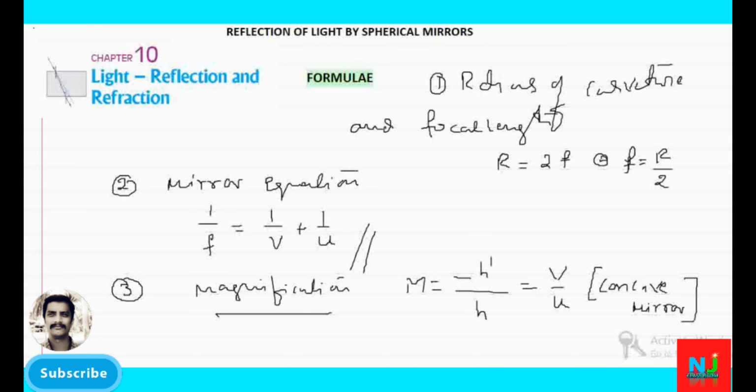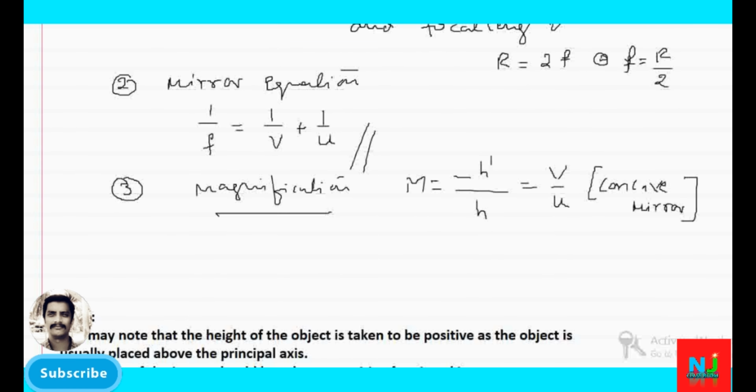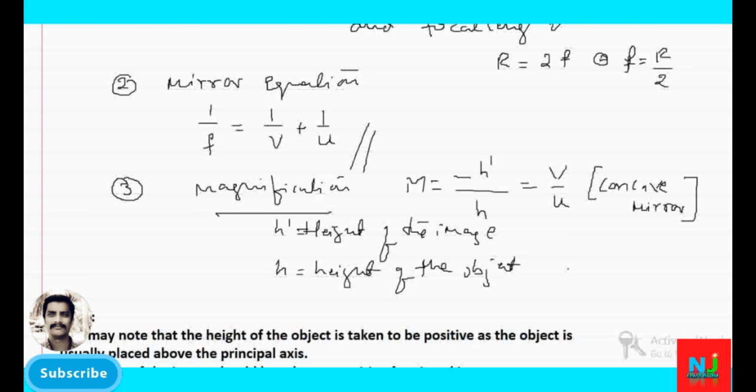This formula we must remember. h dash is the height of the image, and h is the height of the object. These are very important things.